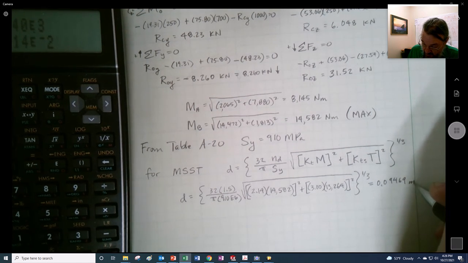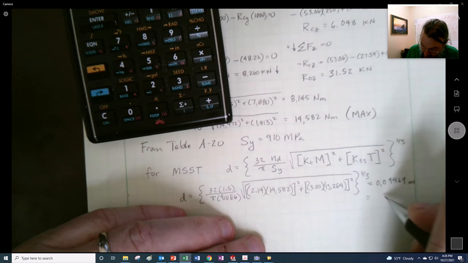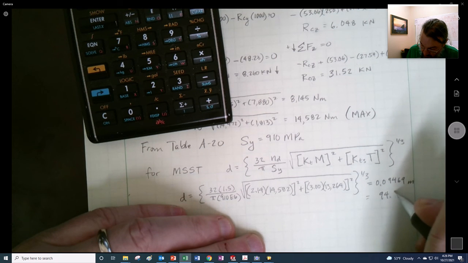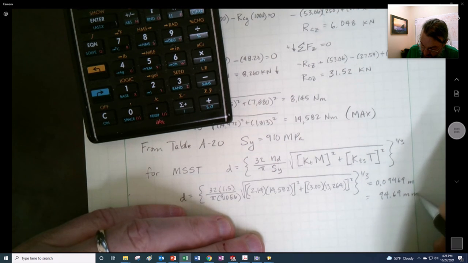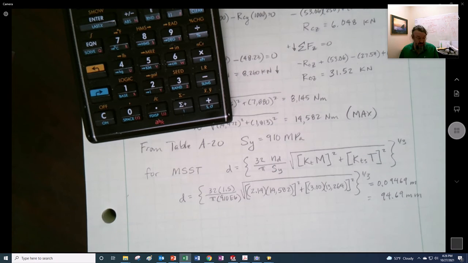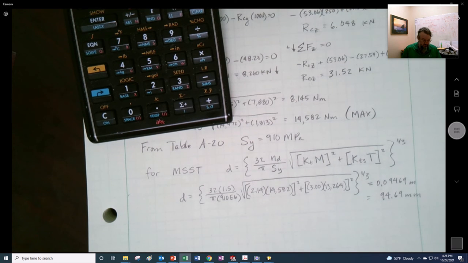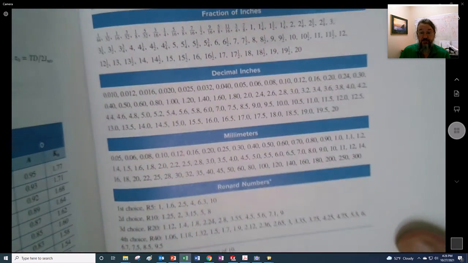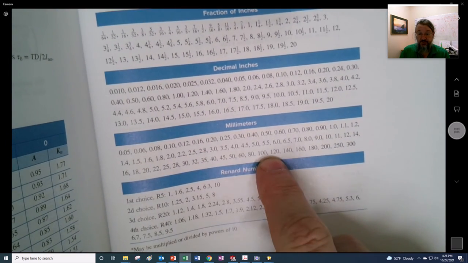My diameter should be 0.09467 meters, aka 94.69 millimeters. Then I need to look that up in table A17 and find my preferred size. In millimeters, 100.